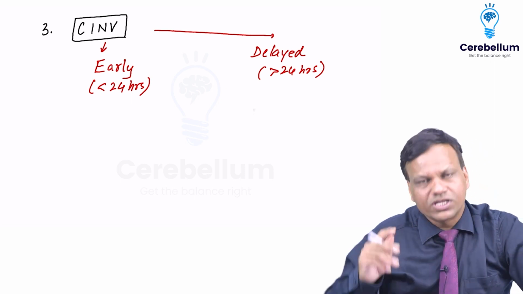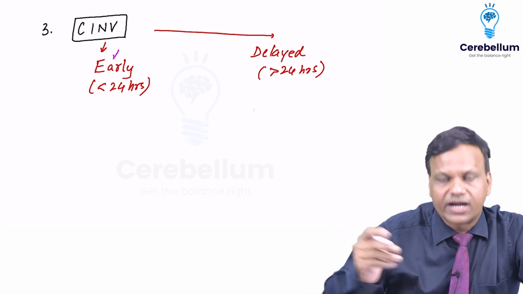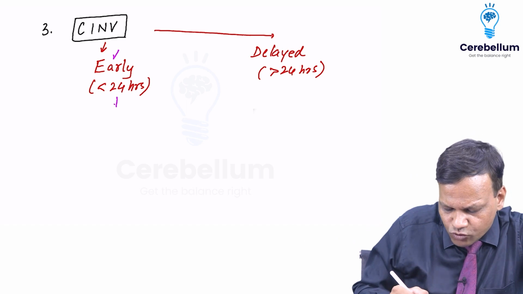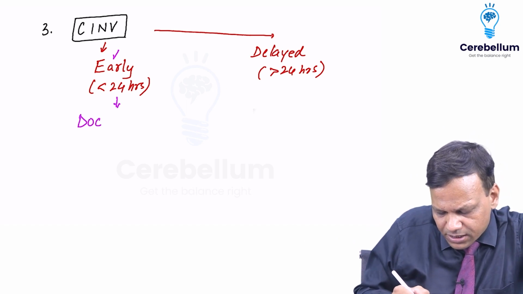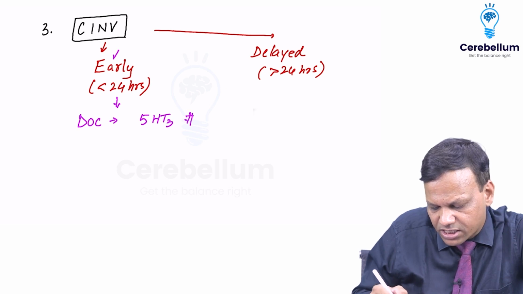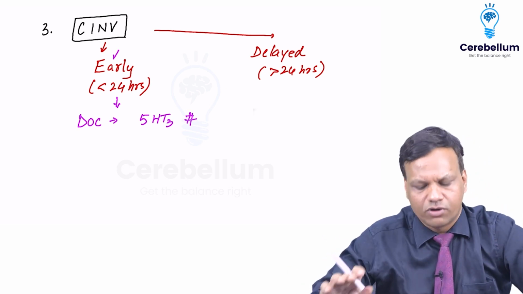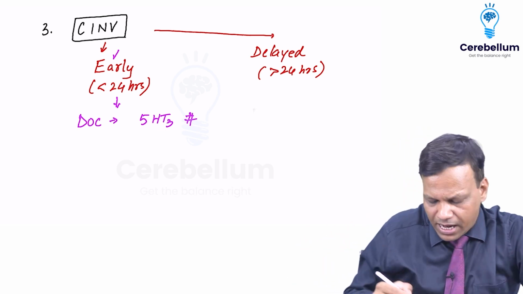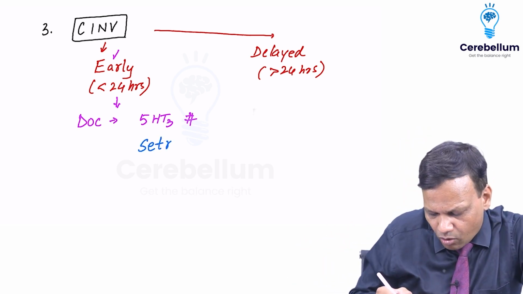More than 99% of the cases are early. And the drug of choice for early cases is cetrons, the 5-HT3 antagonists. 5-HT3 blockers are the drug of choice for early CINV, and the drug names end with cetron.